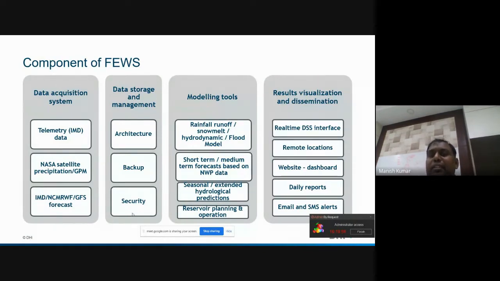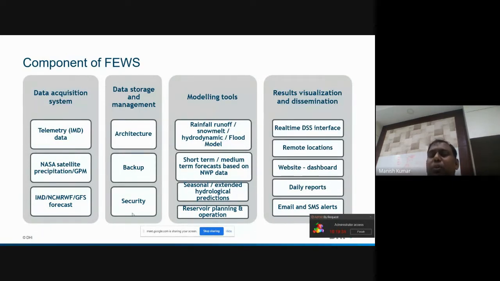That's basically more a sort of setting up your hydrological model, and then you can use this information and some statistical analysis to generate seasonal or extended hydrological prediction, or you can use this information for reservoir operation and planning.